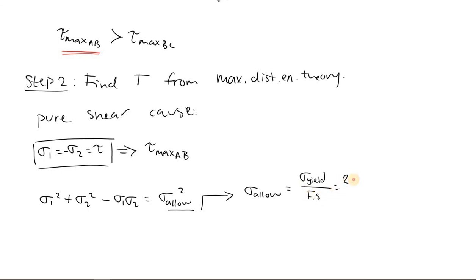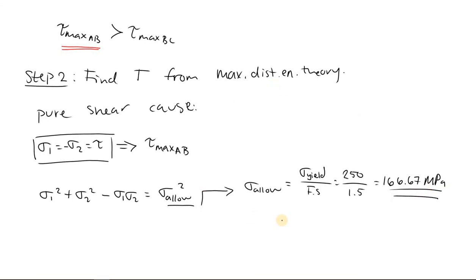So 250 divided by 1.5, which is 166.67-ish megapascals. Now that we know the allowable stress, and we know that we're going to replace all these ones with our maximum shear stress in AB, it's just a matter of writing it all out.